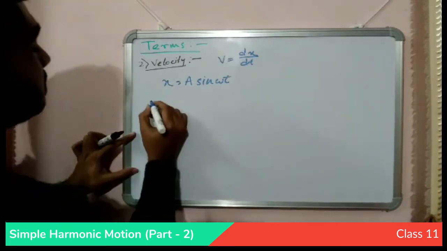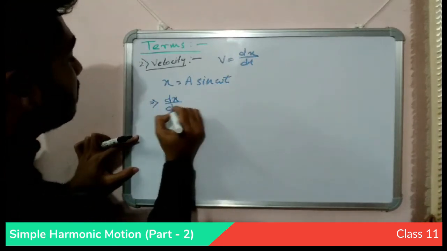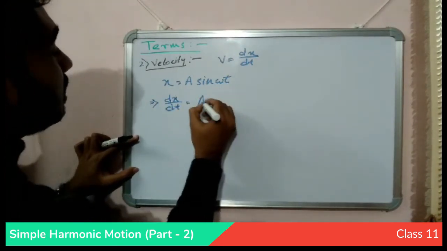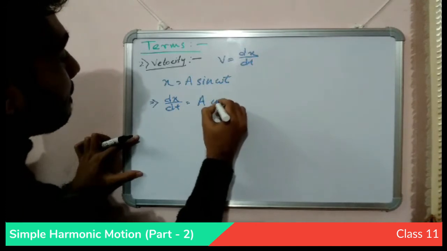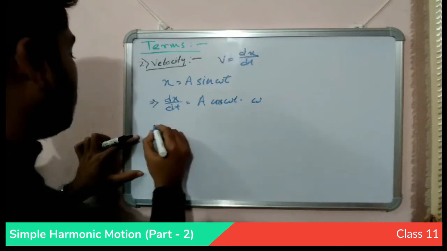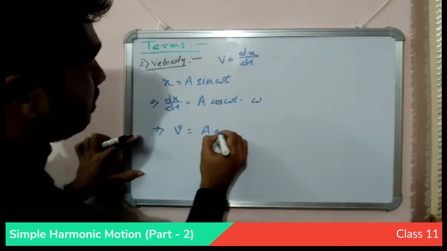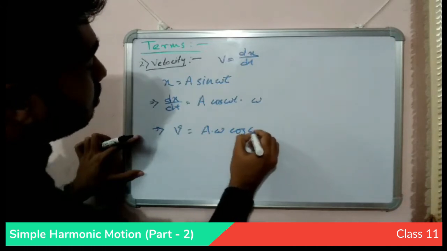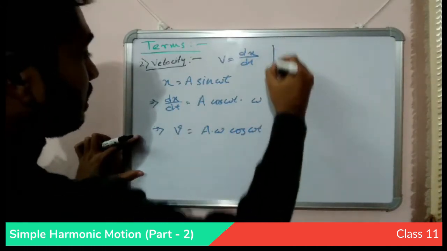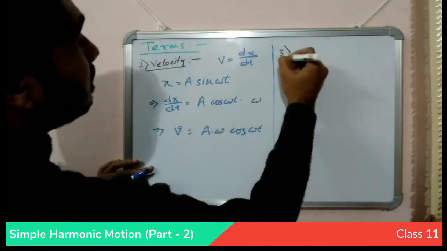Let's differentiate with respect to t. dx/dt is equal to a cos omega t times omega. So our v is a omega cos omega t.